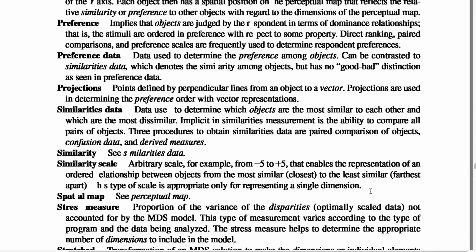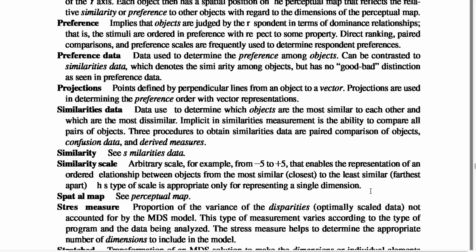Preference data. The data used to determine the preference among the objects can be contrasted to the similarities data, which denotes the similarity among objects but has no good or bad distinctions as seen in preference data.